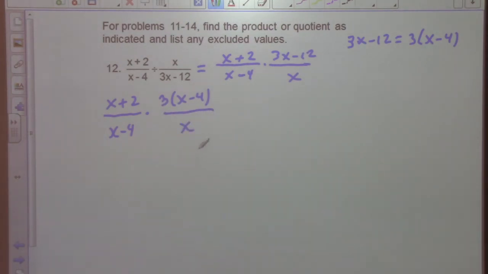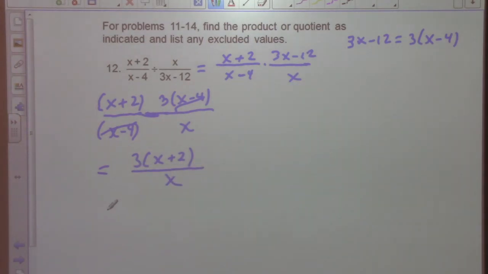Okay, what can we do now? Combine them, right? And what cancels out? x minus 4, x minus 4. So what do we have left? 3x plus 2 over x.